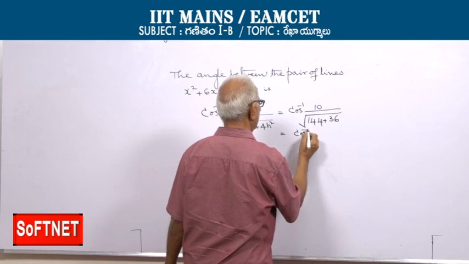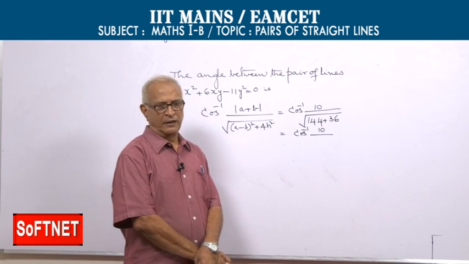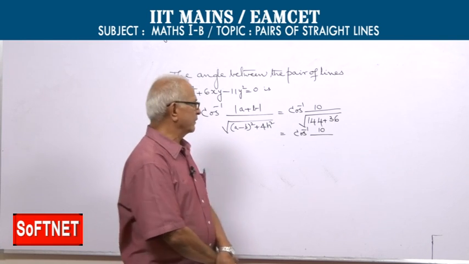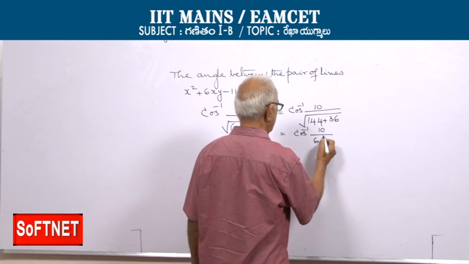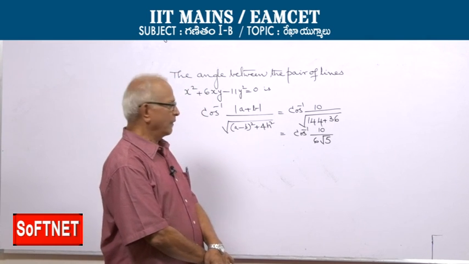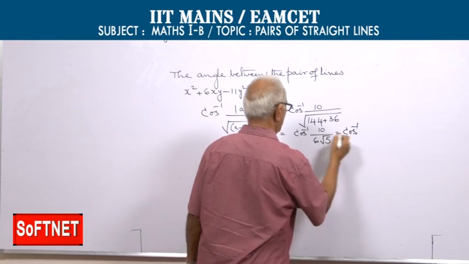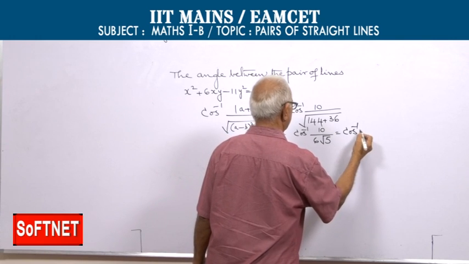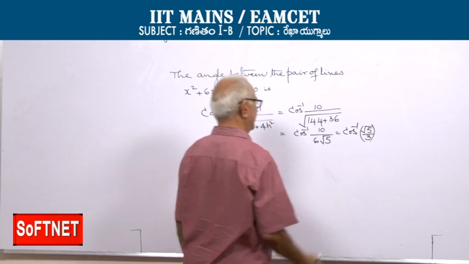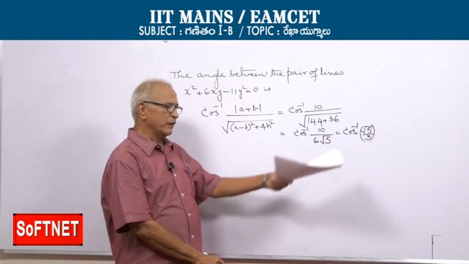This is 144 plus 36 is 180. Well, 180 is 36 into 5, that means 6 root 5. Two can be cancelled, 5 by 3. Cancelling 2 here, 5 by root 5 is root 5, so r cosine root 5 by 3.